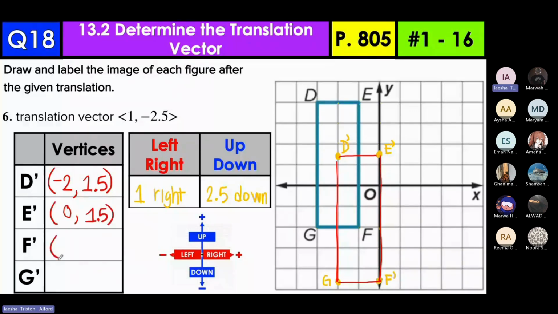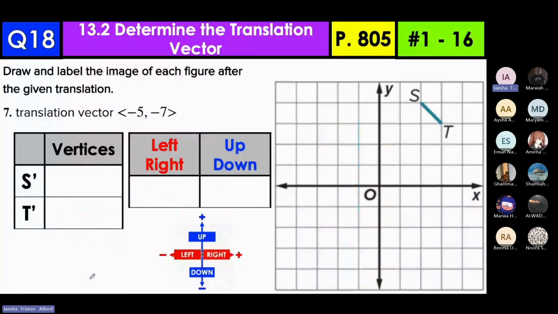Where is F prime? 0 and... is it positive or negative? Negative. So 1, 2, 3, 4.5. So negative 4.5. Where is G prime? -2 and negative 4.5. Okay.